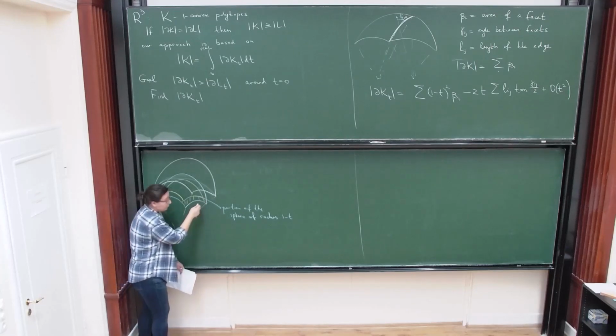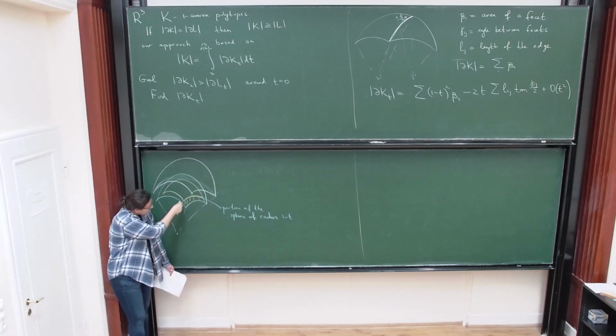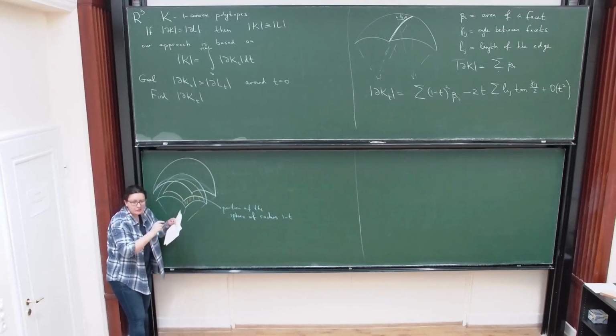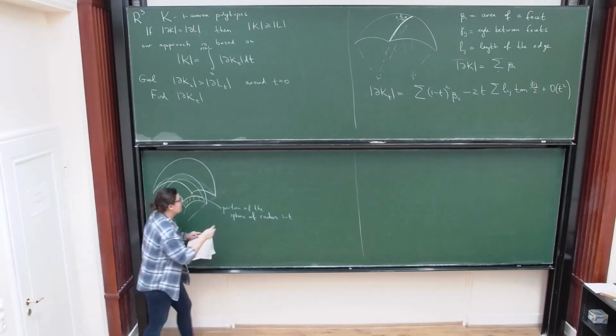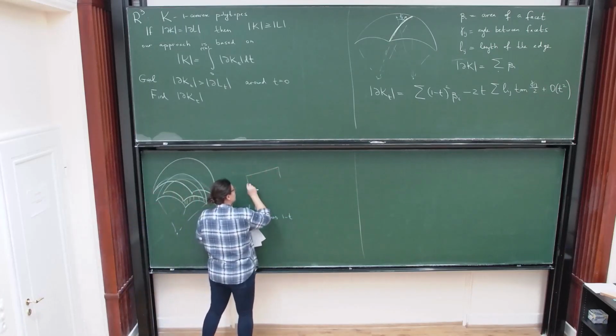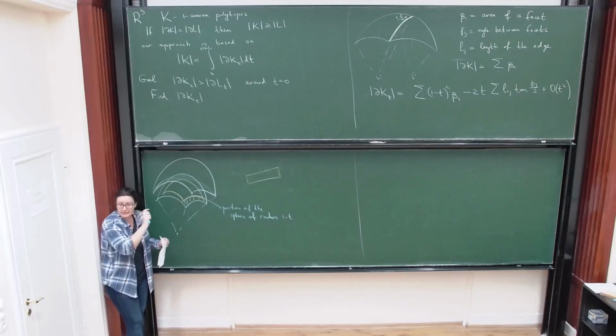Really what contributes is the portion that corresponds to these edges here. But that portion is going to be something close to a rectangle on the sphere, the rectangular part of the belt on the sphere. So if my t is very small, the same way as before, last time we had, if t is very small, the right triangle.